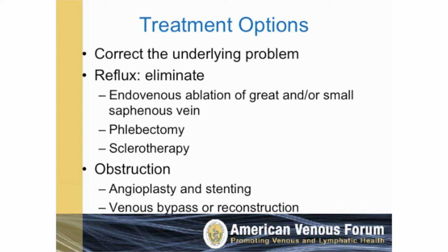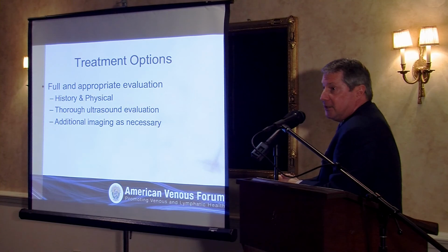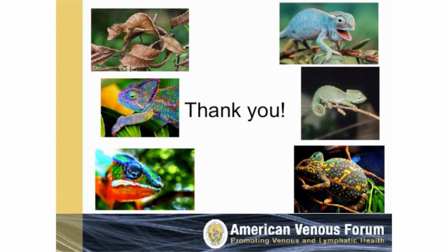If there's obstruction, which we'll hear about later as well, they can be balloon angioplastied and stented, or on occasion we can do a surgical bypass. Again, to decide your options, they need a full history and physical, obviously, a thorough ultrasound evaluation, and if you suspect obstruction, perhaps an MRI or a CT venogram. Thank you for your attention.